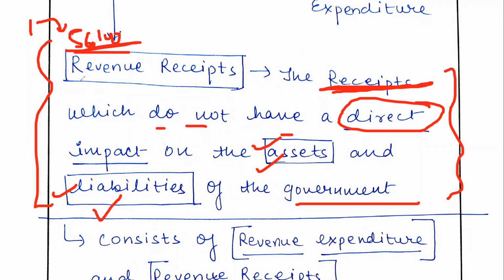But on the face of it, the revenue receipt, the government salary, will not create any direct impact on either the assets or liabilities. ये जब तक spend आप नहीं करोगे, unless and until you spend, that will not create any kind of assets or liabilities. So जो आपका spending method है, the spending method will turn your salary into an asset or liability. But the money that is credited into your account is not an asset or liability unless and until you choose otherwise.